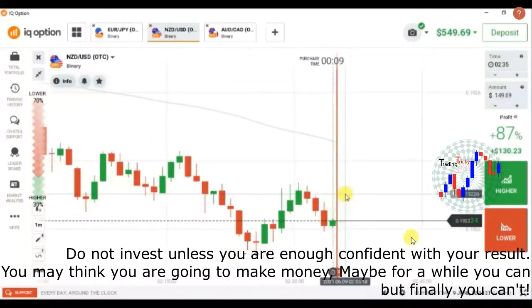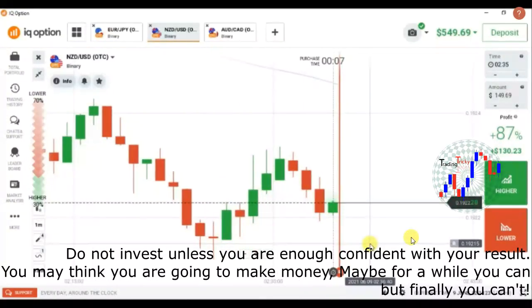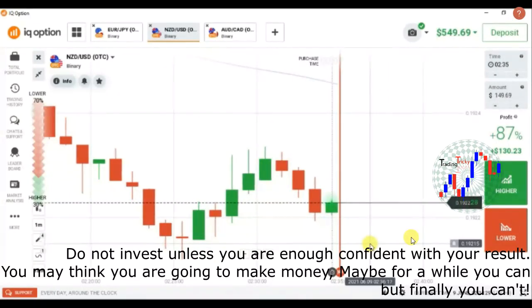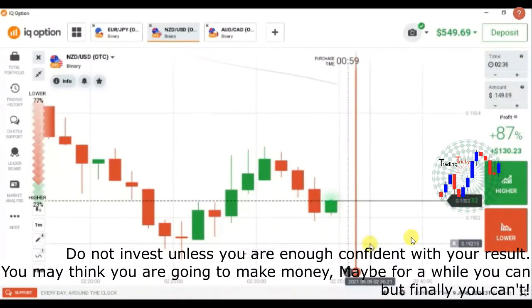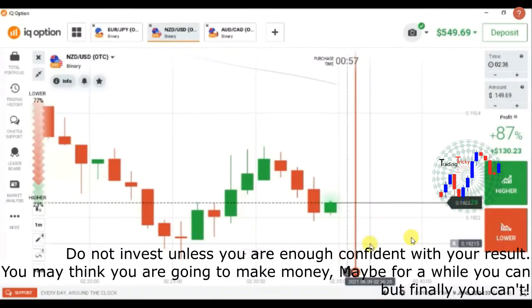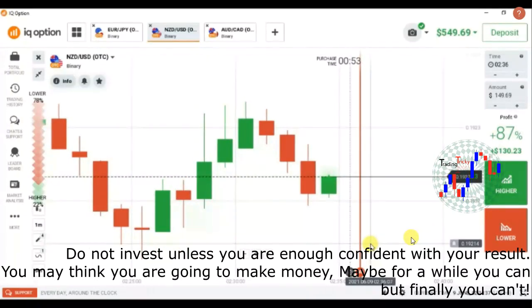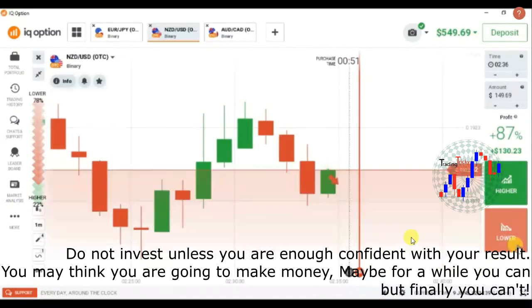Okay, we can see some sellers are entering. Okay, I think I can go with sellers. Yes, sellers are trying, but not for this candle.